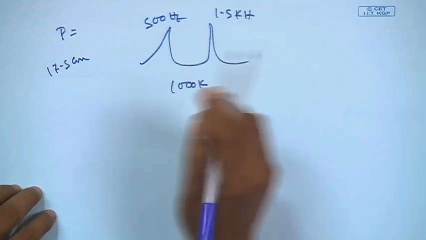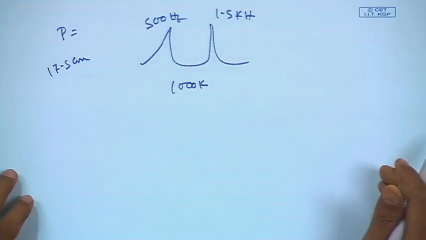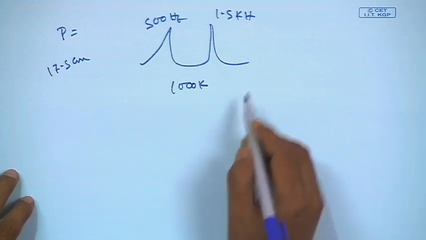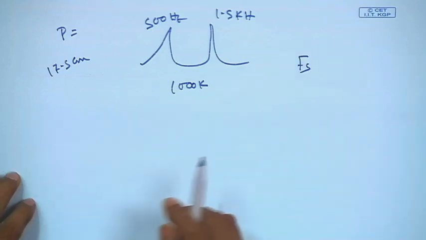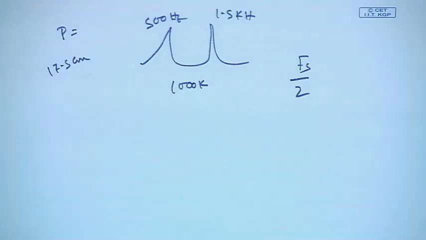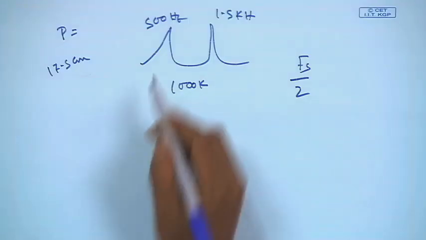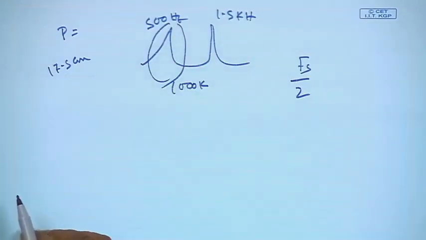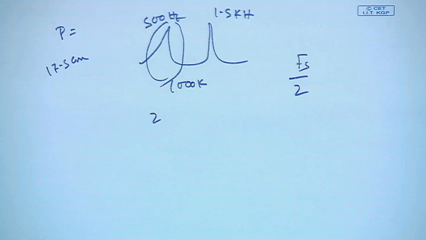So, they are separated by 1000 hertz, that means 1 kilohertz. Let Fs be my sampling frequency. What is the baseband frequency? Fs by 2. How many complex poles are required to realize one Formant? 2. A complex conjugate pole pair is required to realize one Formant.